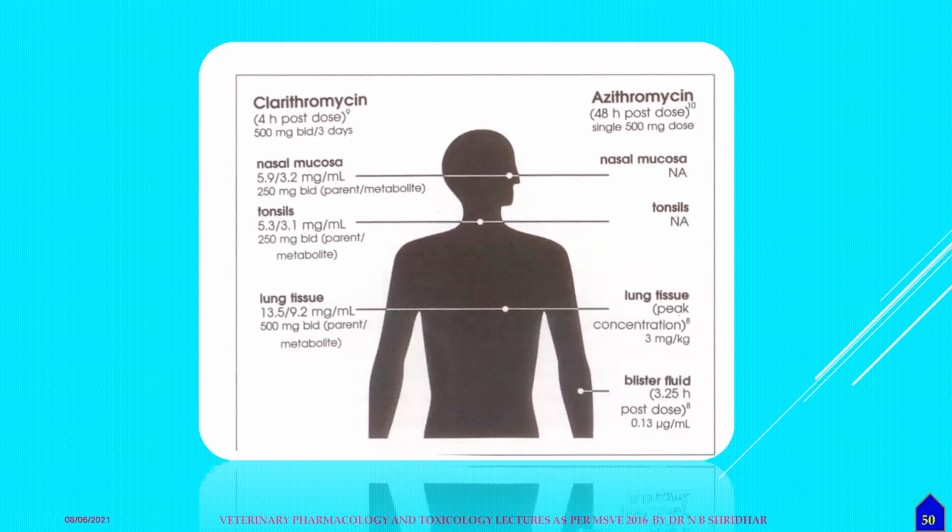The nasal mucosa also gets a good concentration, and we need to understand this, because in a specific disease we want a specific concentration of the antibiotic in a specific tissue. So for upper respiratory tract infections, especially the tonsils, it's highly effective.